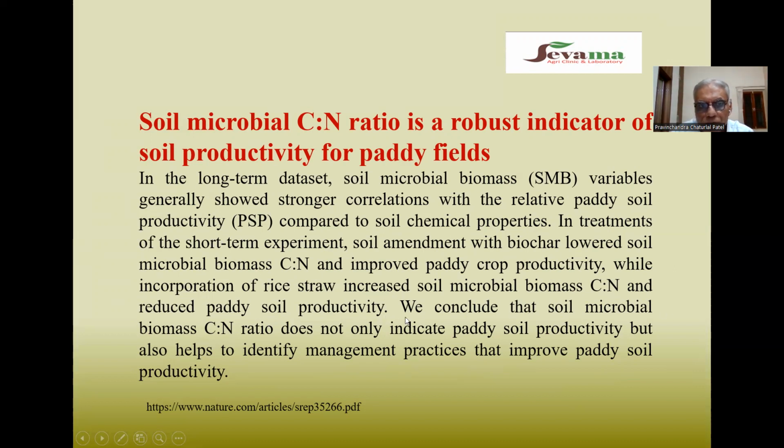So we conclude that soil microbial biomass CN ratio not only indicates paddy soil productivity, but also helps to identify management practices that improve paddy soil productivity. In this experiment, biochar is more responsive as compared to rice straw for increasing the crop productivity of rice or paddy.